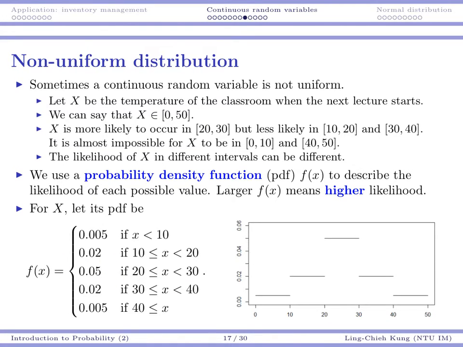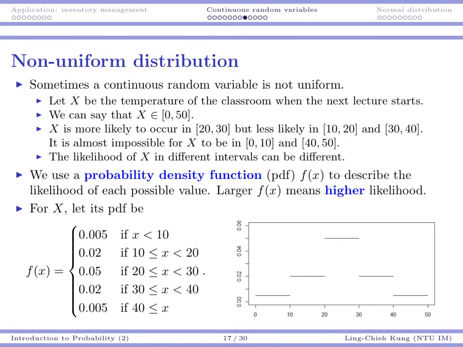Let's ignore the question about why it is 0.05 for a while. But you can see that this number is the highest, just like this height is the highest, within 20 and 30. And according to our description, that means x would be within 20 to 30 with the highest probability.